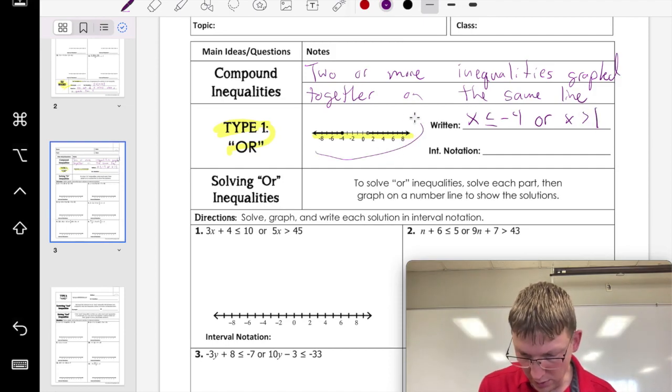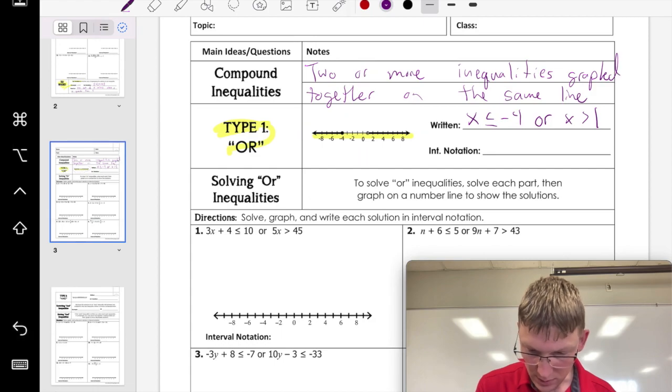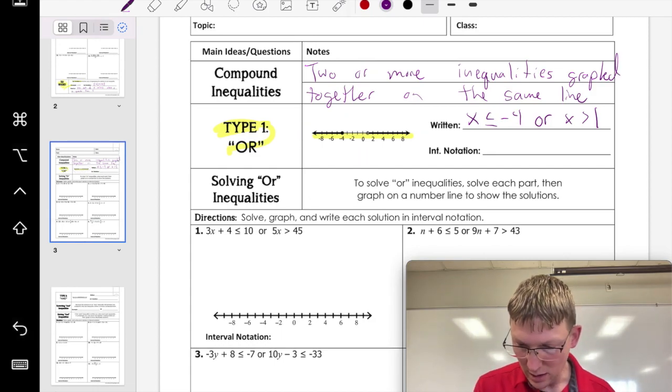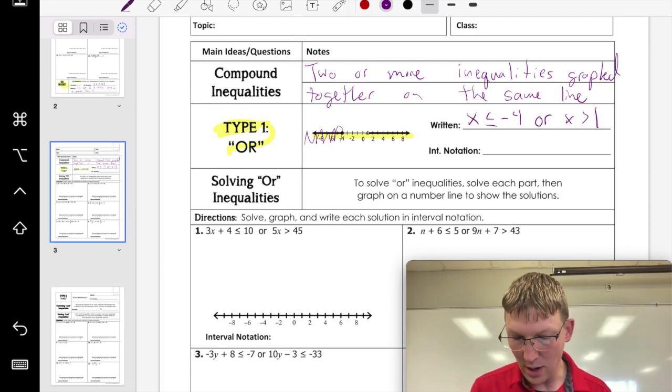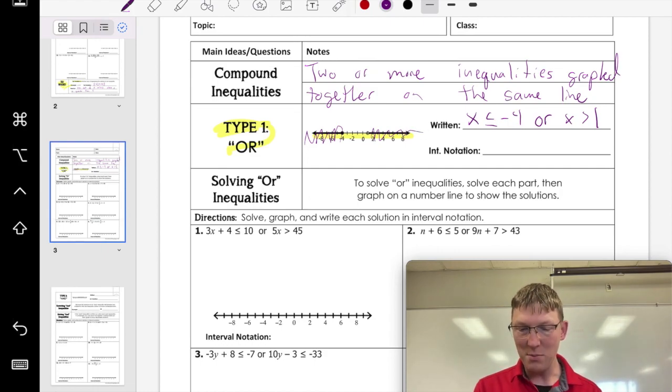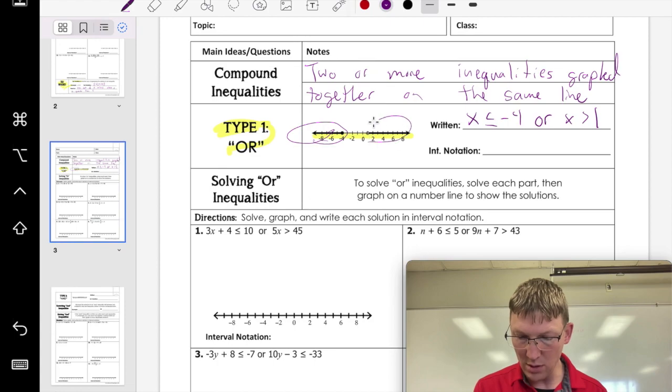So that's what we're looking at right here. Notice that x is less than or equal to -4, that's this part right here, or x is greater than 1. So that means that the solution can be anywhere in this interval or anywhere in this interval.